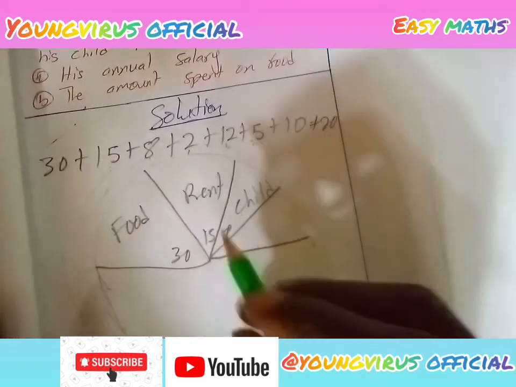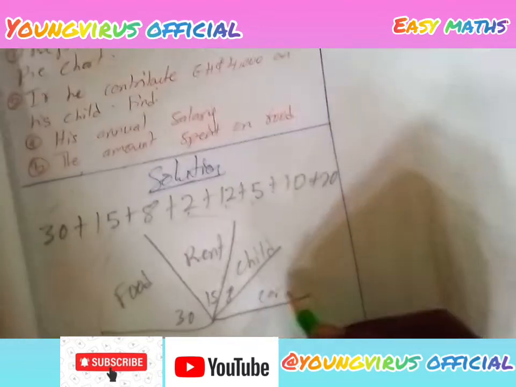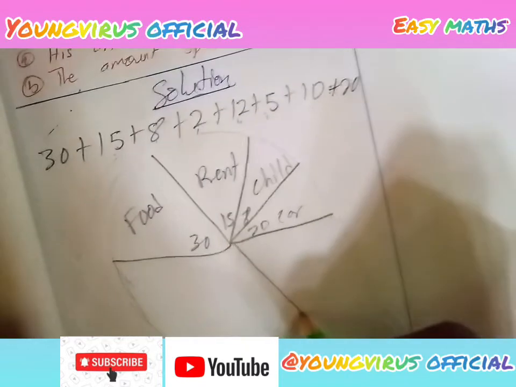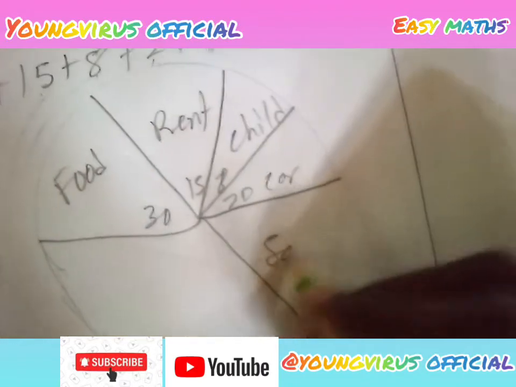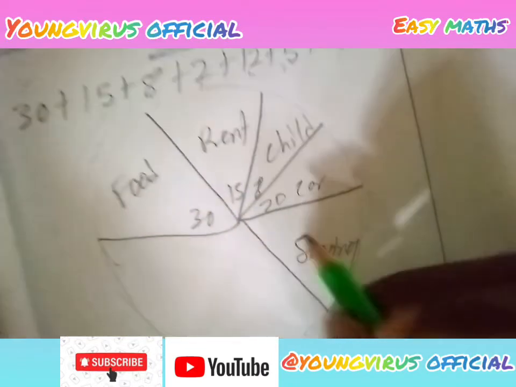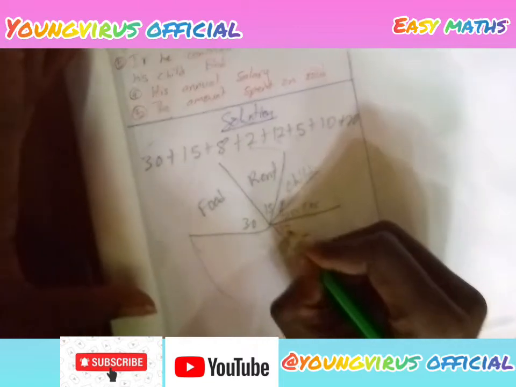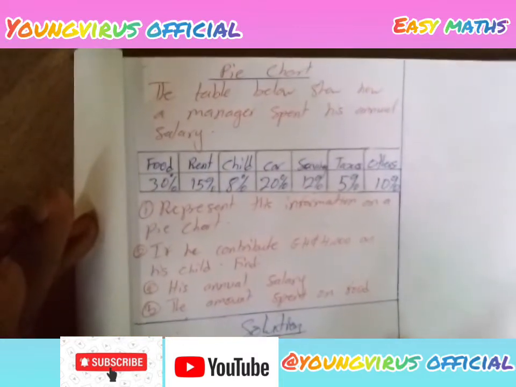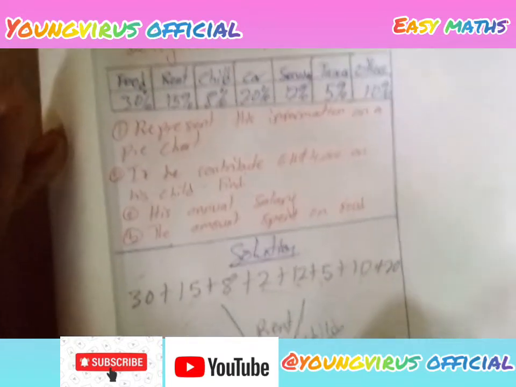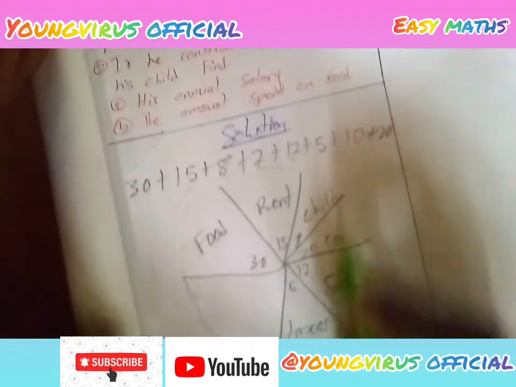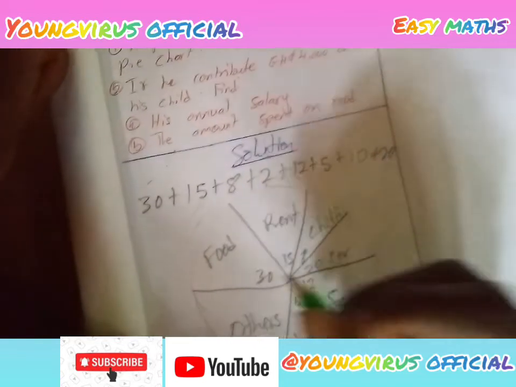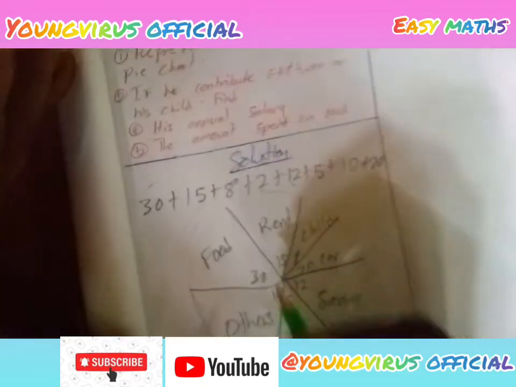Then we have our car being what? 20%. Then our savings being 12%. Then our tax here, so 5% for his taxes. Then the others, that's the remaining one. Others having what? 10.